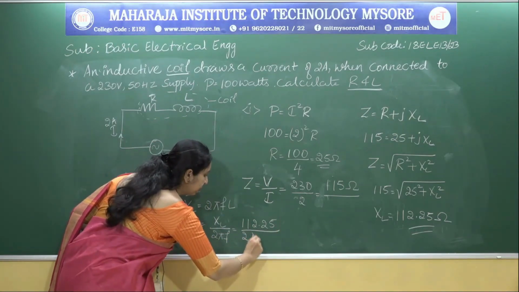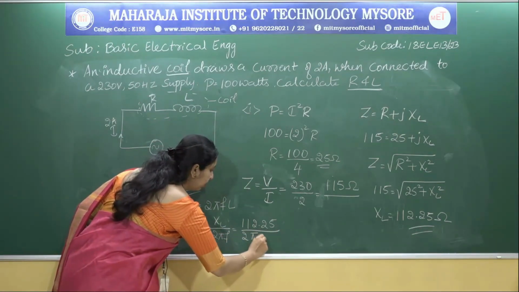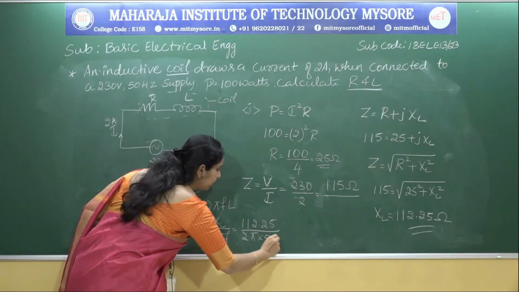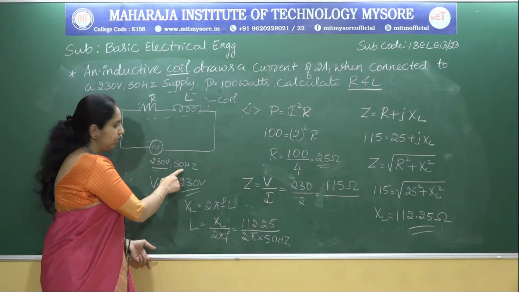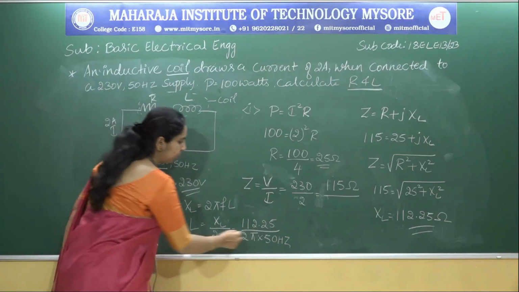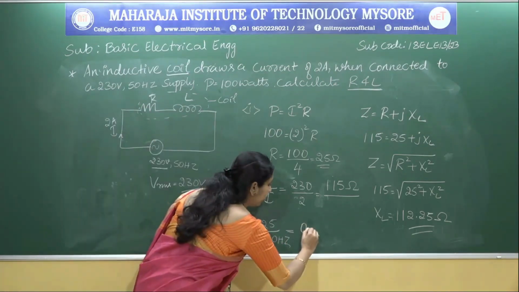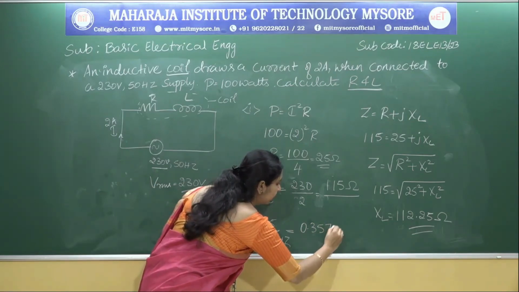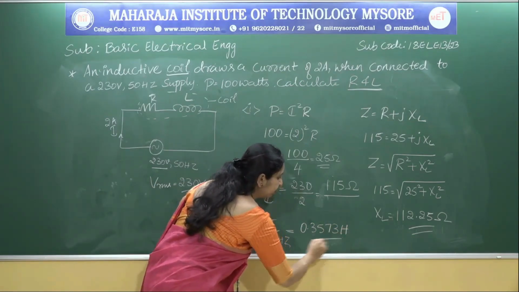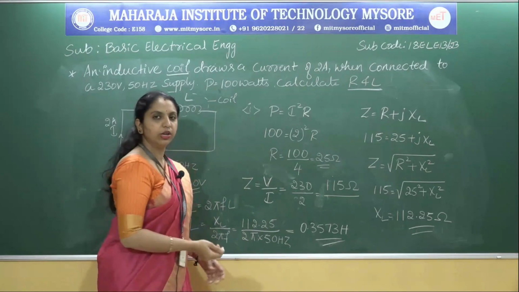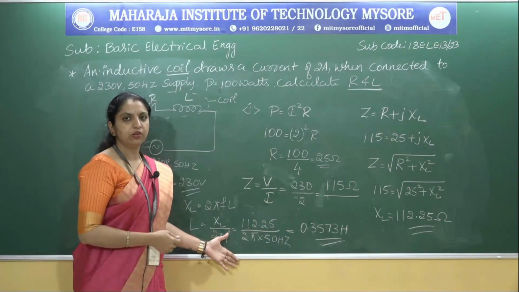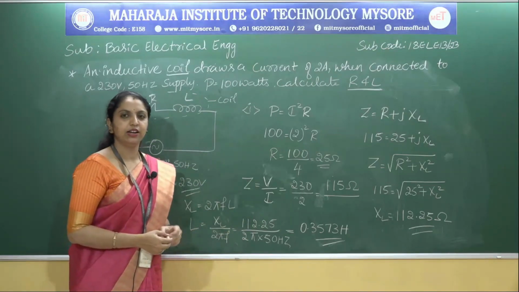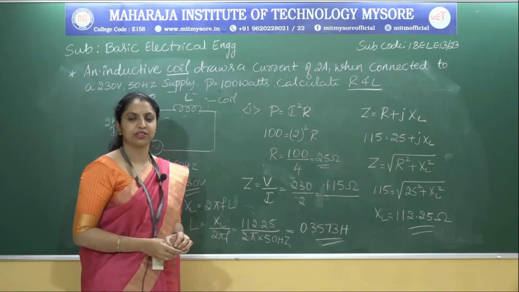Pi is 3.14, into f, which is 50 hertz, provided in the problem. Simplifying this equation, we get 0.3573 henry, or we can also express it in millihenry. This is how we can solve for the values of resistance and inductance of the circuit. Thank you.